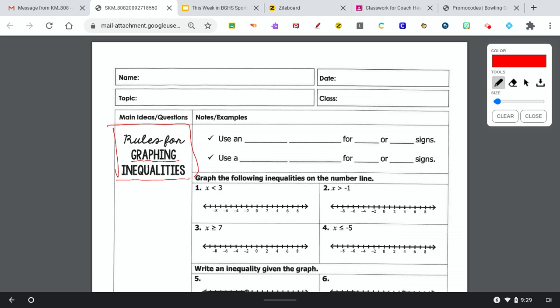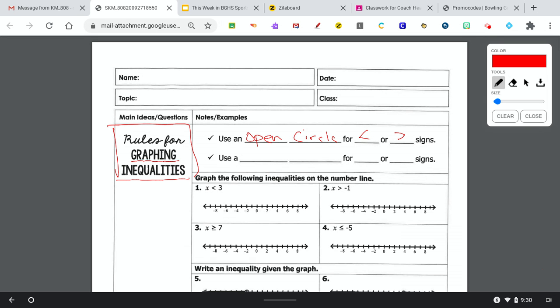The first says we're going to use an open circle, and this all makes sense. We're going to use an open circle for less than or greater than signs. So remember, inequality is your less than, greater than, and then less than or equal to or greater than or equal to.